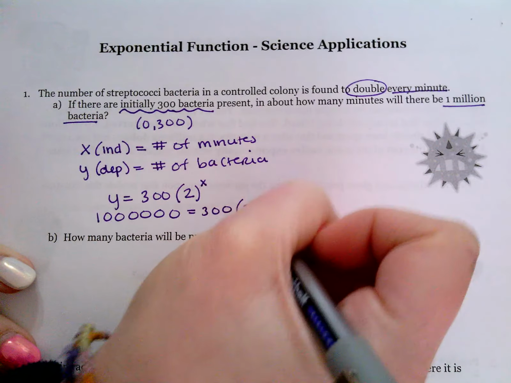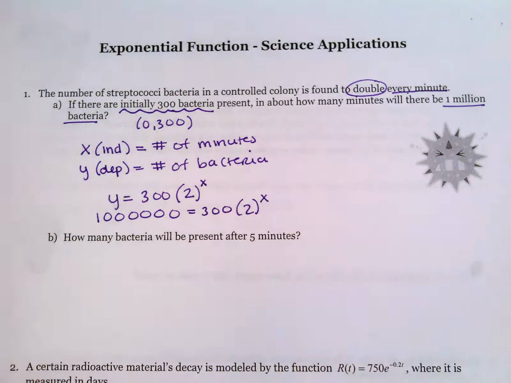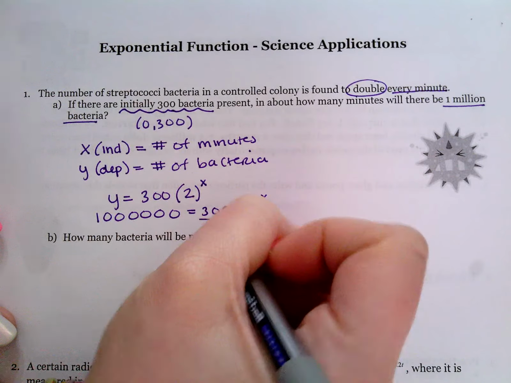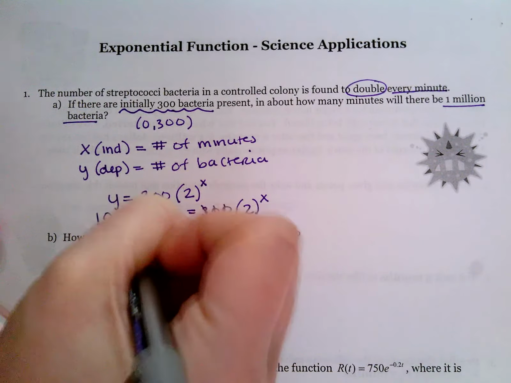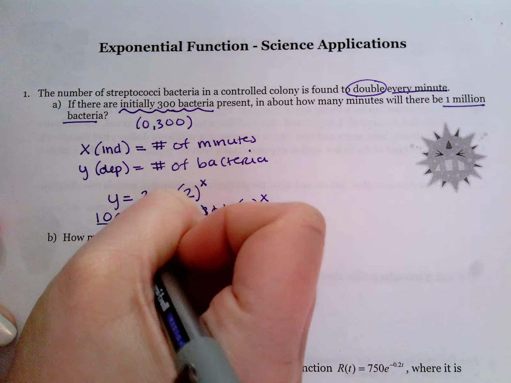We're going to solve it using our calculators because we have not learned about log functions yet, but we'll circle back to this when we learn about log functions to see a different method. I'm going to divide both sides by 300. I'll get rid of these zeros, so I'm really doing 10,000 divided by 3.